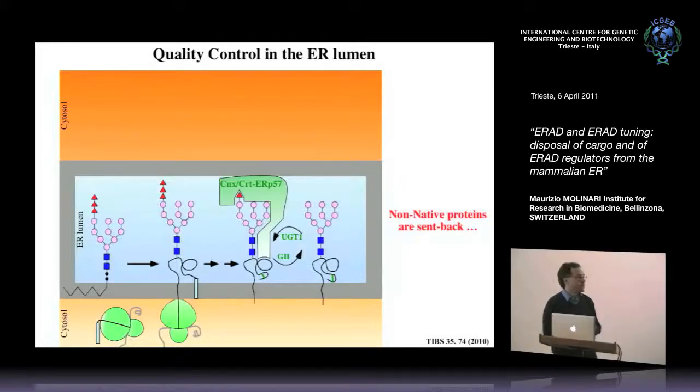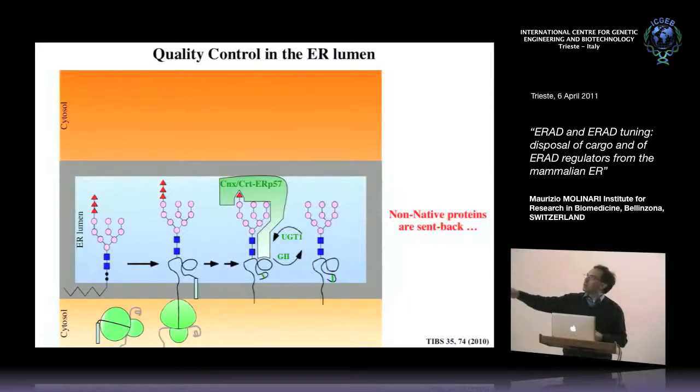It may happen that this protein never attained the native structure. This may happen, for example, if you have a mutation or a deletion in the polypeptide sequence. These mutated proteins never attain the correct structure. So the risk is that you end up in a situation where you have retention forever of a protein that cannot be secreted because it's not native.